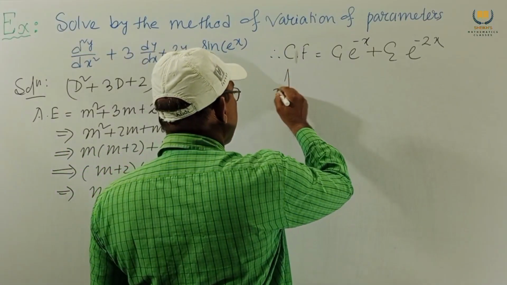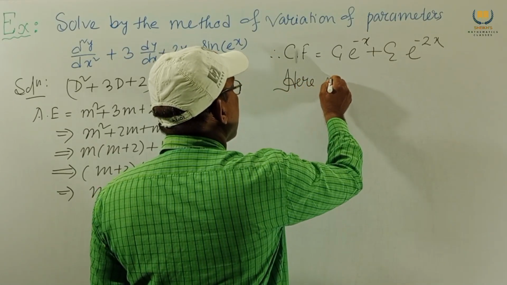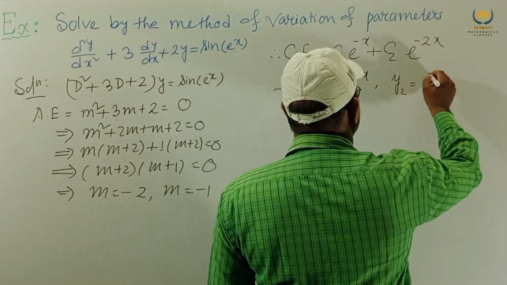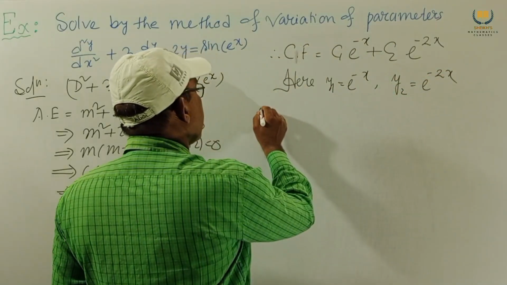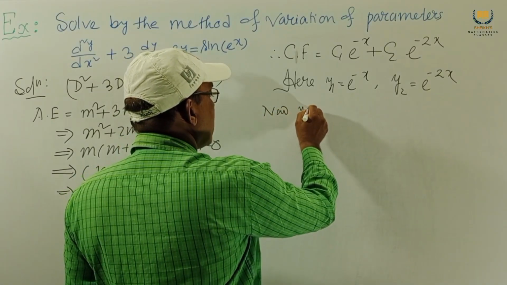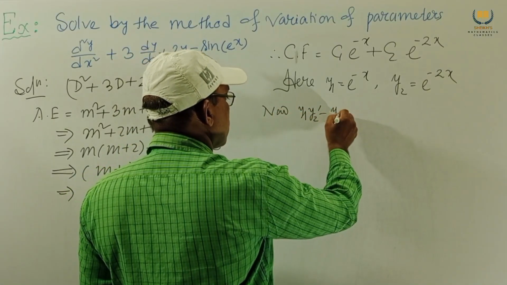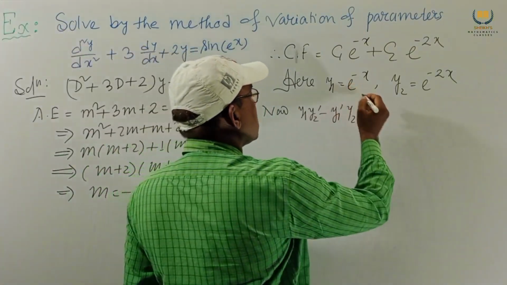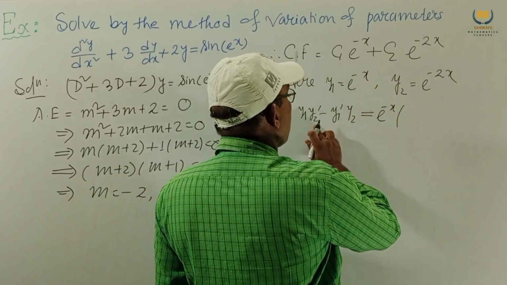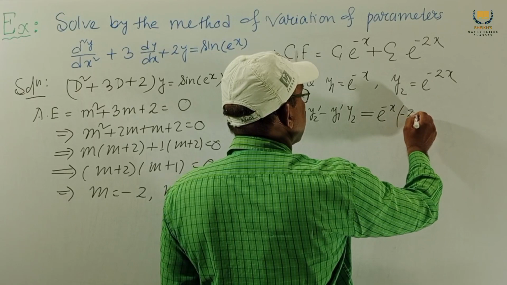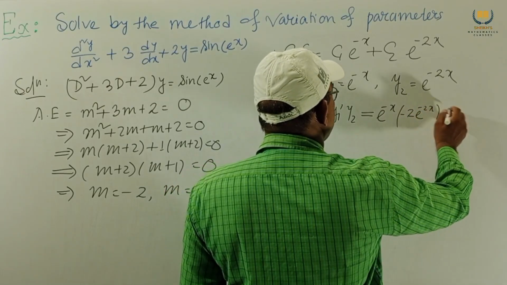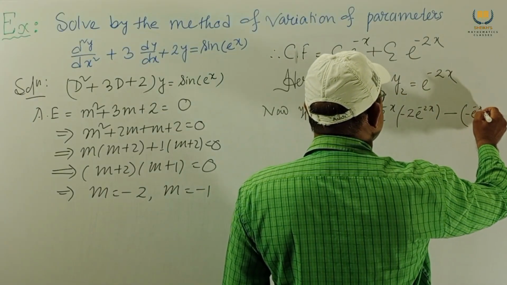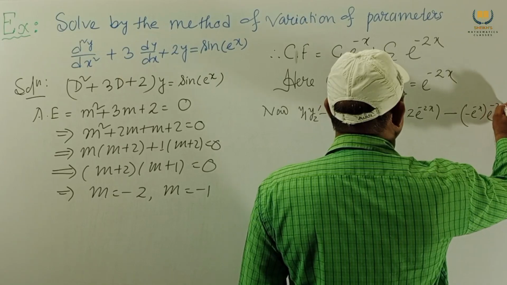Here y1 equals e to the power minus x and y2 equals e to the power minus 2x. Now y1 y2 dash minus y1 dash y2 equals: y1 is e to the power minus x, y2 dash, if we differentiate, is minus 2 e to the power minus 2x, y1 dash is minus e to the power minus x, and y2 is e to the power minus 2x.